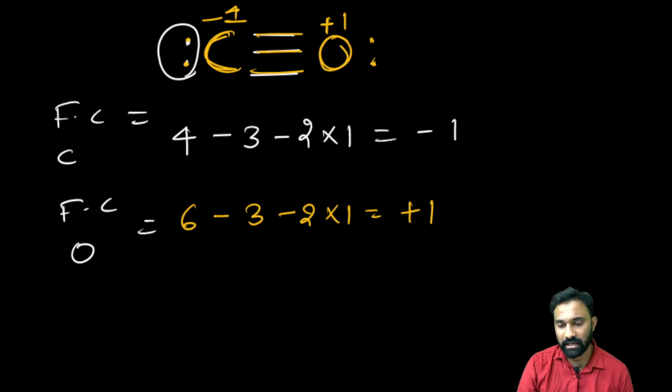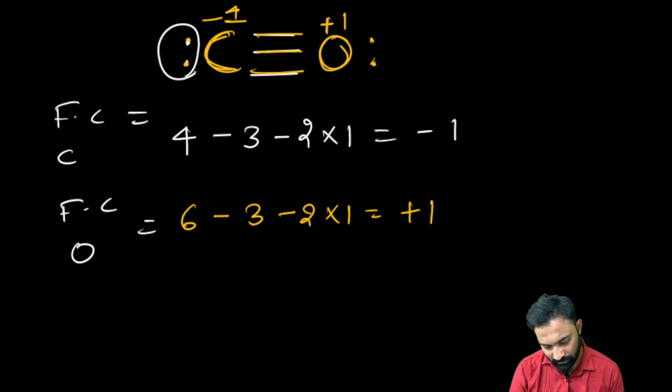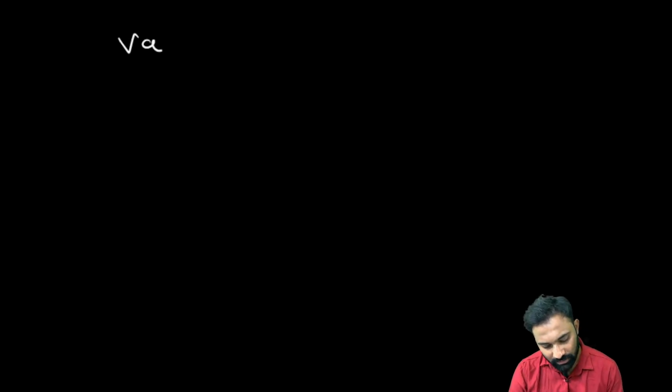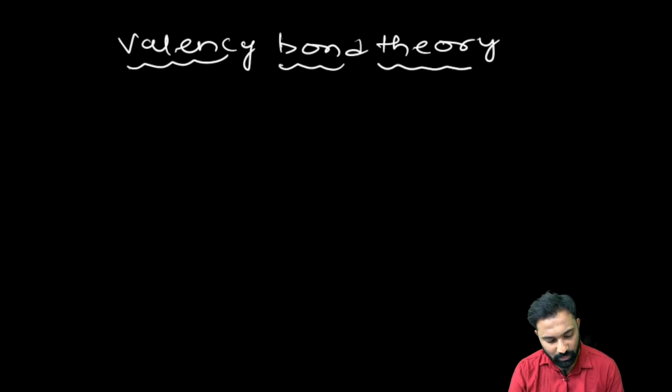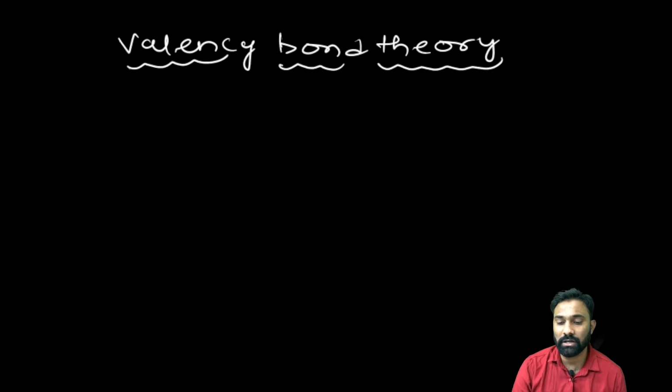The next very important concept that we are going to see is valency bond theory. Why are we going to study this valency bond theory? Because the Lewis dot structure has not explained the shape of the molecule.